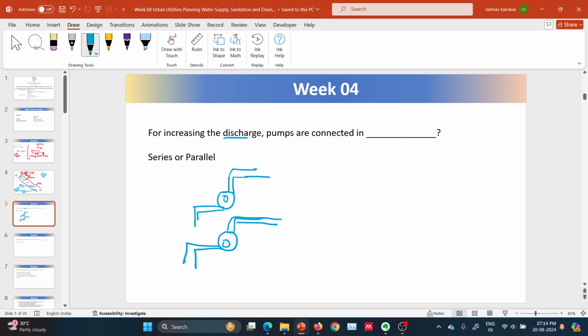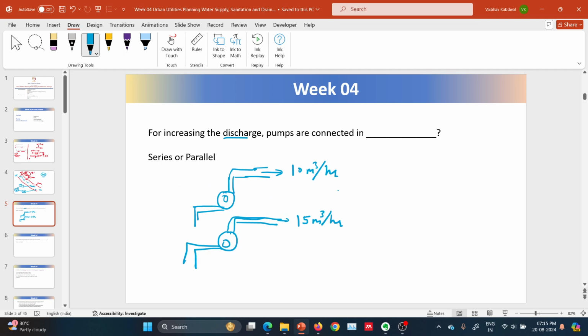So the discharge will be, let's say Q1, let's take 10 meter cube per hour. And the other has also same discharge, let's say 15 meter cube per hour.